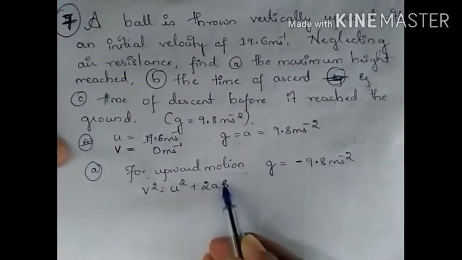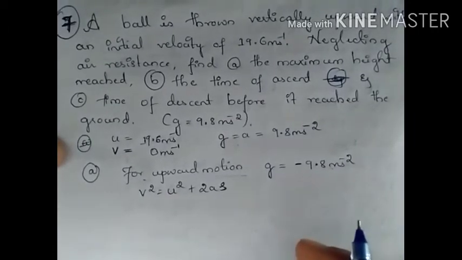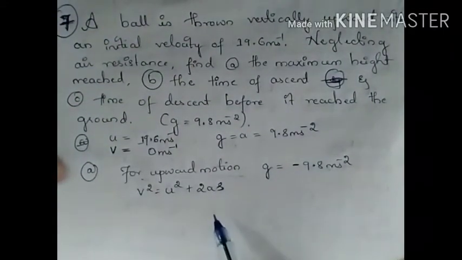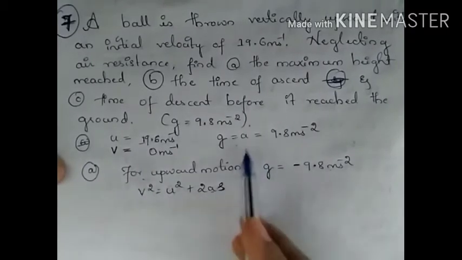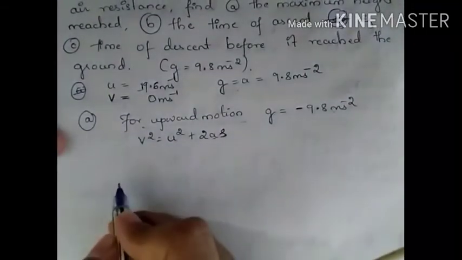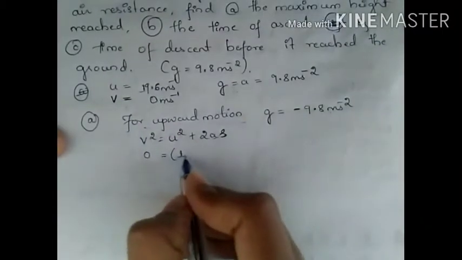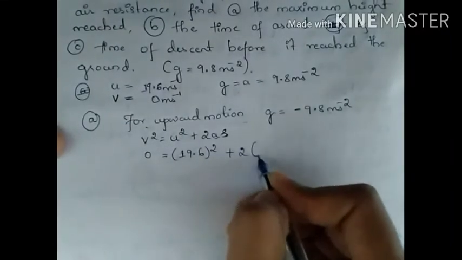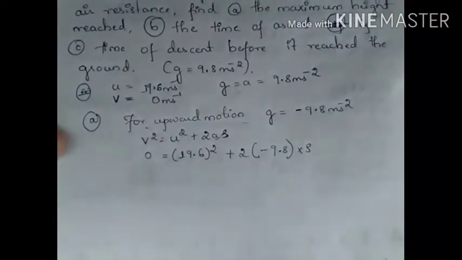Why? Because here there is a displacement. Height is nothing but the distance or displacement traveled by the ball, so s can be taken as h. We know v square, u square, and a, that is g. Substituting the values, v square is 0 square, u square is 19.6 whole square, plus 2 multiplied by minus 9.8 multiplied by the height s.